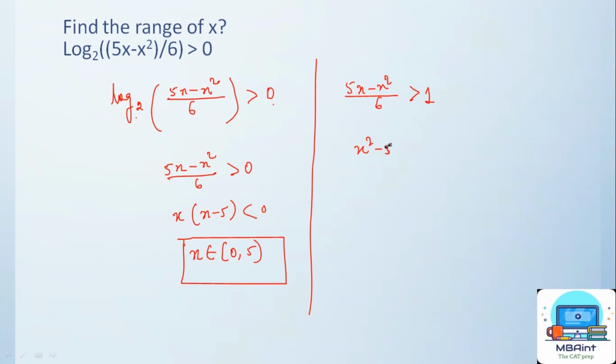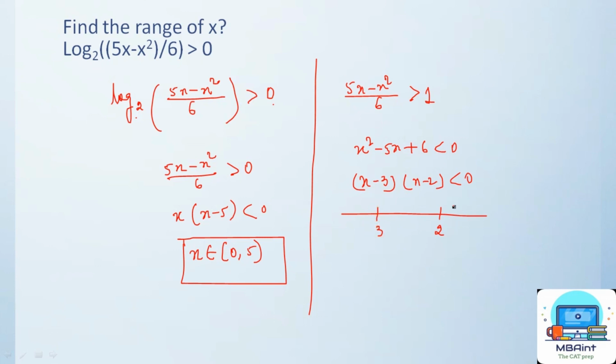This is x square minus 5x plus 6 less than 0, and once I solve this, I get (x minus 3) times (x minus 2) less than 0, right? Now once you put this on a number line, you can see straight away that this is 2 and this is 3. If you take any number beyond 3, you will get all positive values.